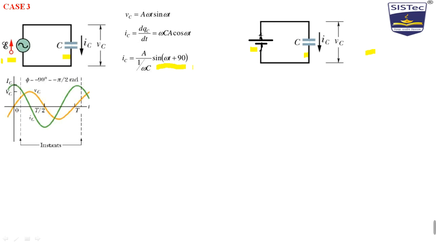So in the three cases, the conclusion in AC circuit analysis is that if this is the current waveform going in an RLC series circuit, the voltage of the resistance will be in the same phase. The voltage of the inductor will be at the top. Why? Because the current is lagging. And the voltage of the capacitor will be down. Why? Because the current is leading. So this is the diagram we will get in the case of resistance, inductance and capacitance.